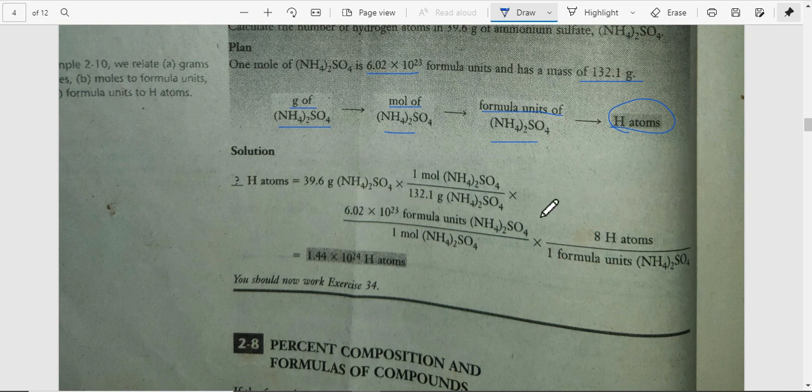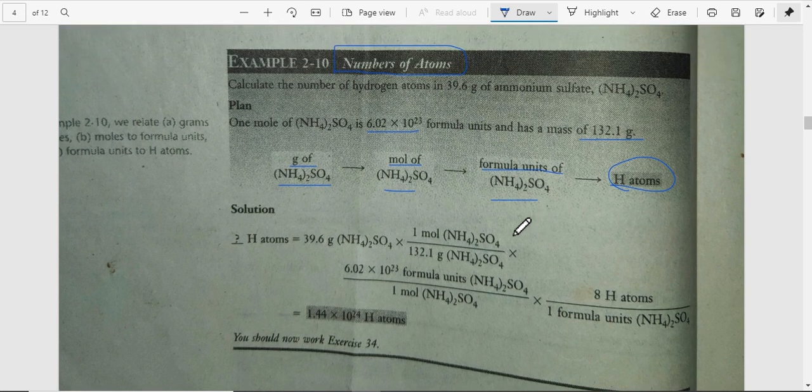Then the 1 mole in every mass, which is 132.1 grams. So the grams cancel out, leaving you with 1 mole of your (NH4)2SO4 or ammonium sulfate.